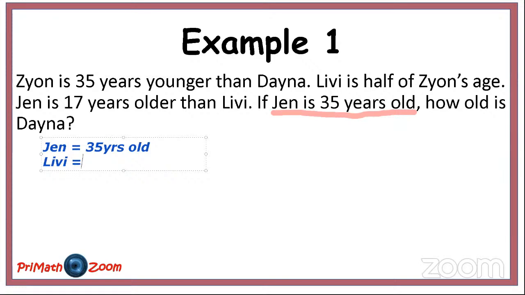All right, Siloni Maxwell knows the question I'm going to ask next. She says we're going to subtract 17 from 35, and that will give us Livy's age. Do you agree with her? Reginaldo Chrissy says 35, take away 17. Do you agree with them?